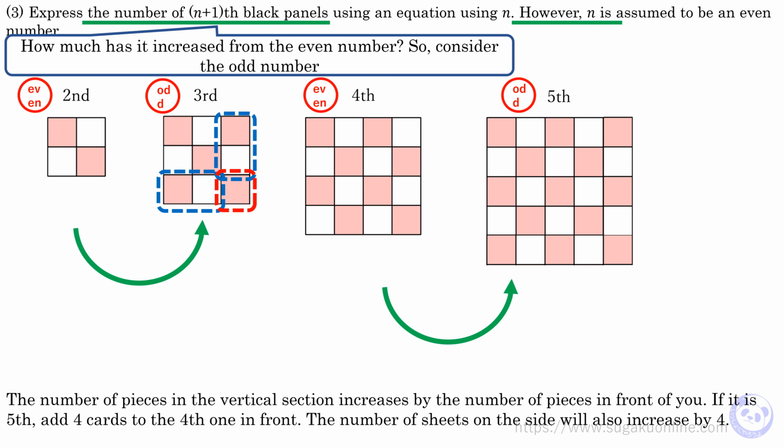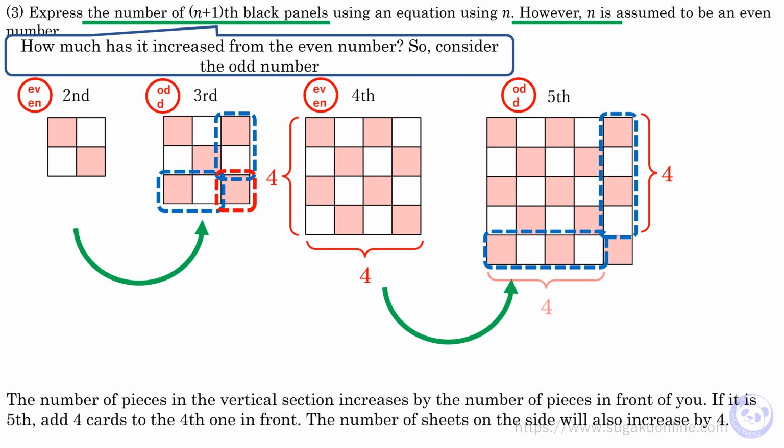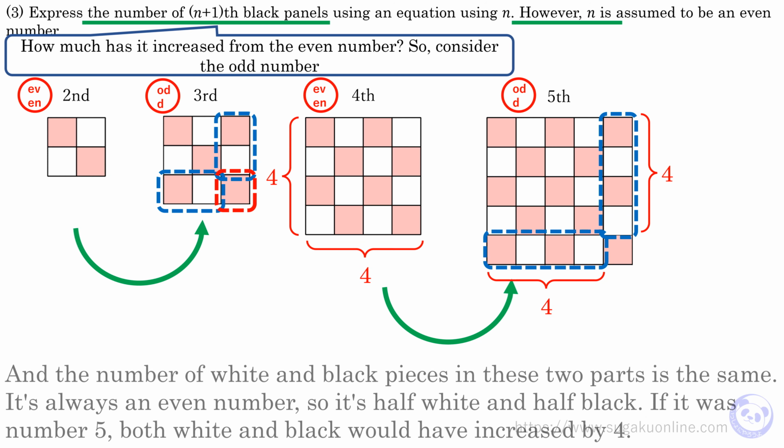You should be able to calculate the number of these increased parts using numbers. The number of pieces in the vertical section increases by the number of pieces in front of you. If it is fifth, add 4 to the fourth one in front. The number of sheets on the side will also increase by 4. And the number of white and black pieces in these 2 parts is the same.